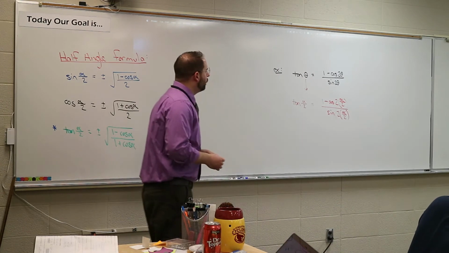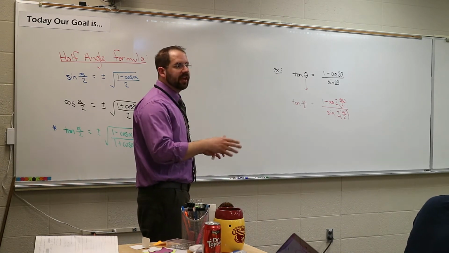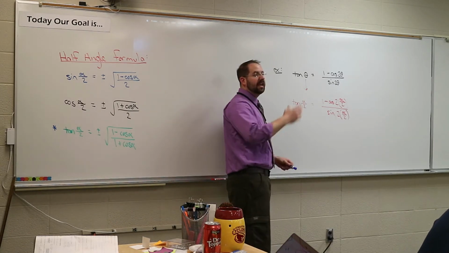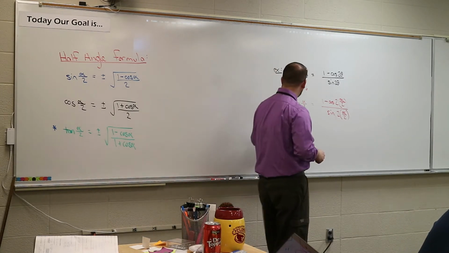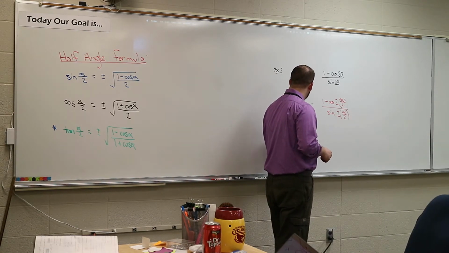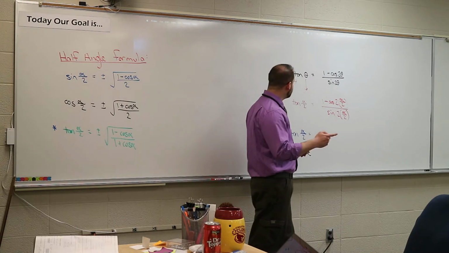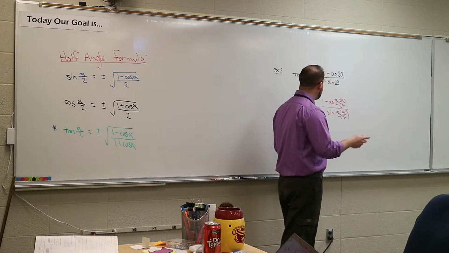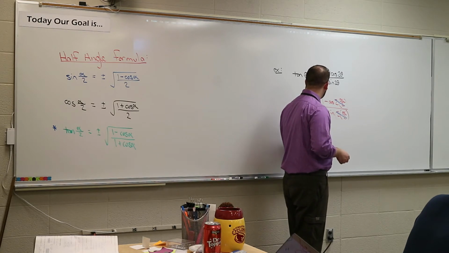That gives me my tangent half angle formula: tangent alpha over 2. On the other side, the 2's cancel because I'm multiplying them together, and I'm left with the formula for my half angle.